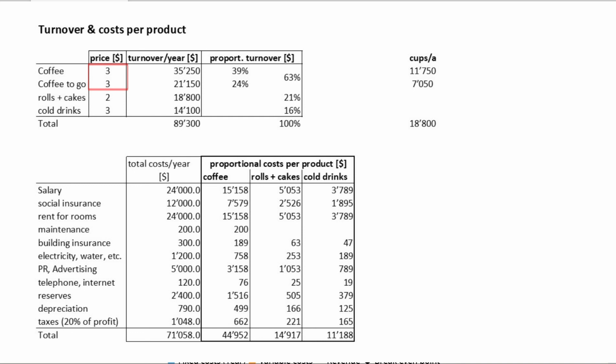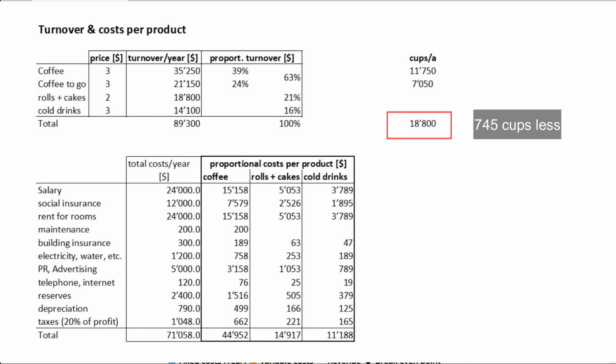And I will get in total about 18,800 cups. Compared to the break-even, I had 19,545 cups. So I have about 745 cups less.